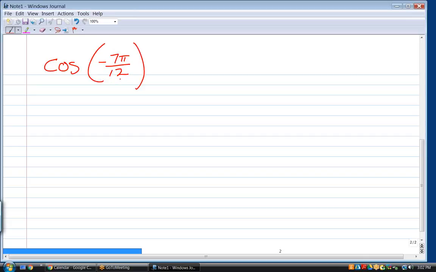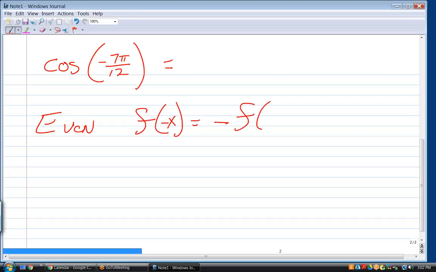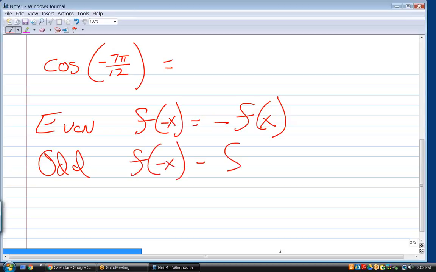Yes. All right. So first of all, it's useful to know odd-even properties. In other words, is cosine odd or even? Remember from your pre-calc that odd means that f of minus x equals minus f of x, and even means f of minus x equals f of x.